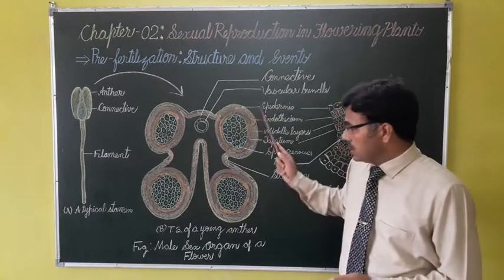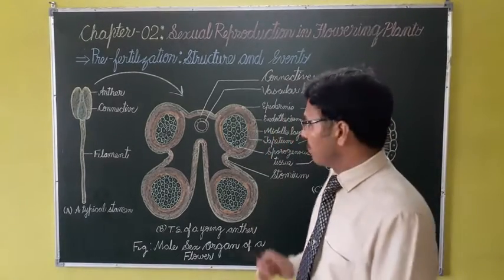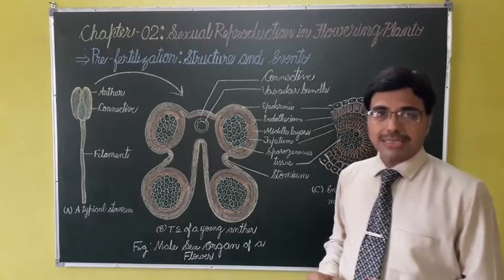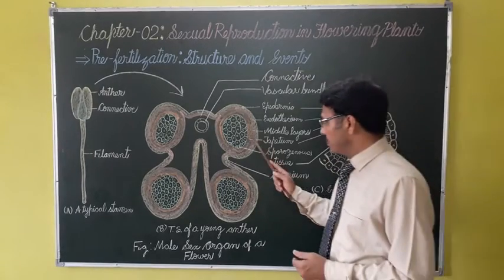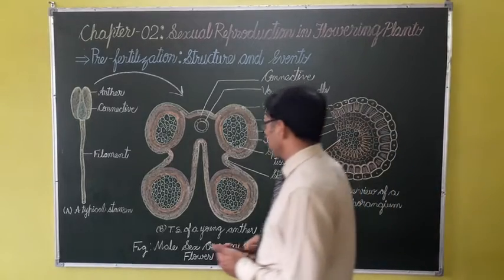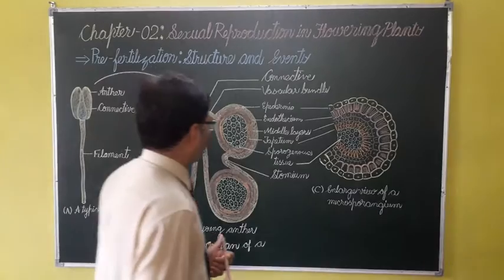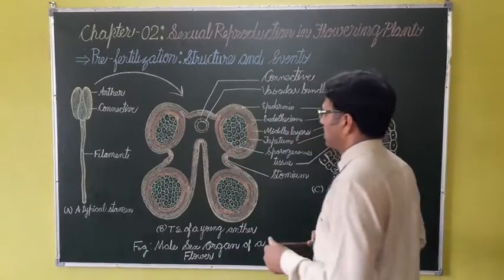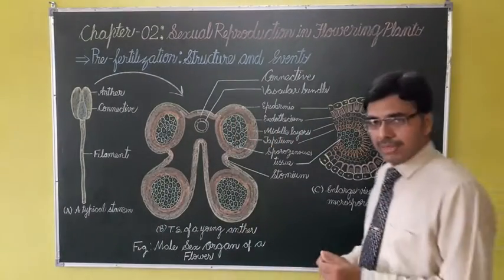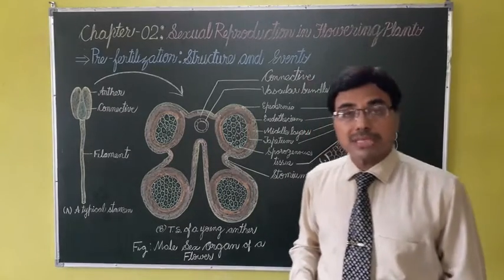Now the cells of epidermis are barrel shaped and flat, whereas the cells of this endothecium are columnar with fibrous thickenings.